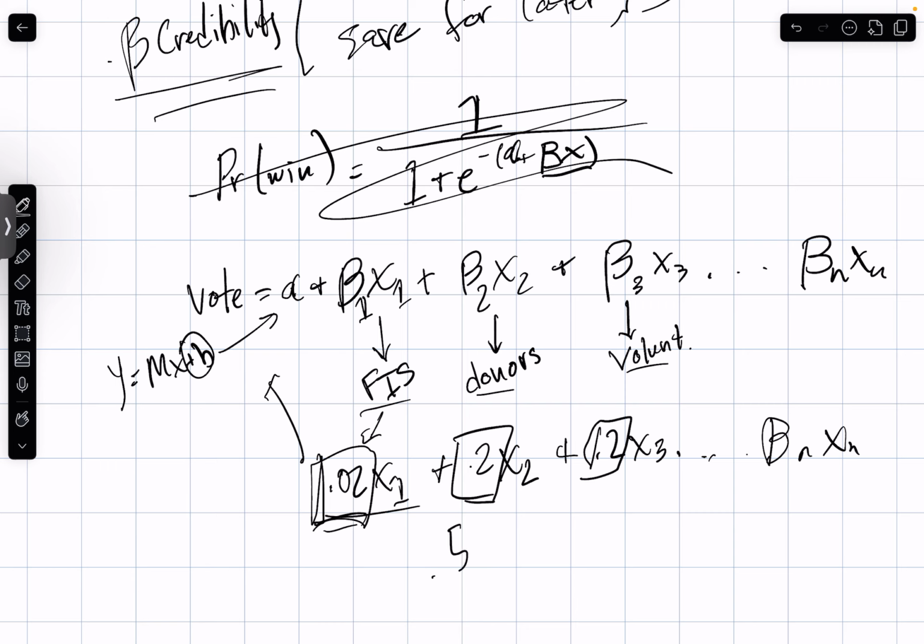This is usually the size of coefficients you see in a lot of political science. From 0.2 to 0.5 is usually the range you'll get. Sometimes you'll get less, sometimes you'll get more.